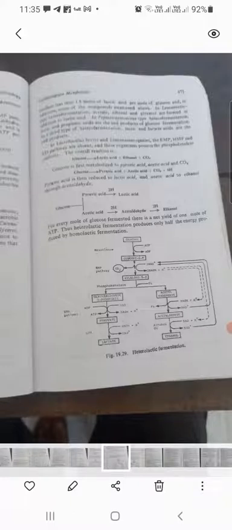The glyceraldehyde 3-phosphate gets converted into pyruvate and then to lactic acid. In heterolactic fermentation we have a number of products: ethanol, acetaldehyde, lactic acid and acetic acid, all produced by lactic acid bacteria.